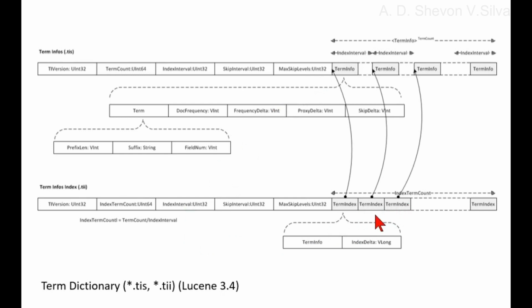This is designed to be read entirely into memory and used to provide random access to the TIS file. The structure of this file is very similar to the TIS file, with the addition of one item per record: index delta.